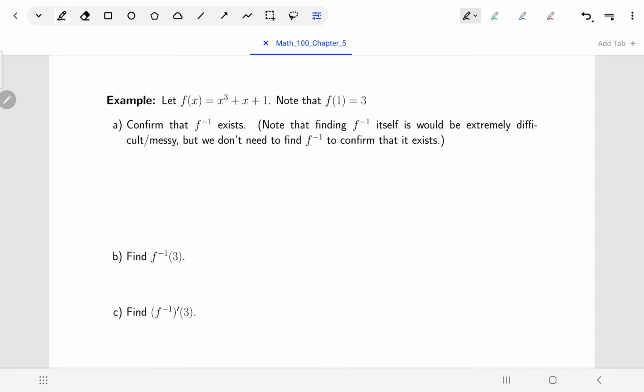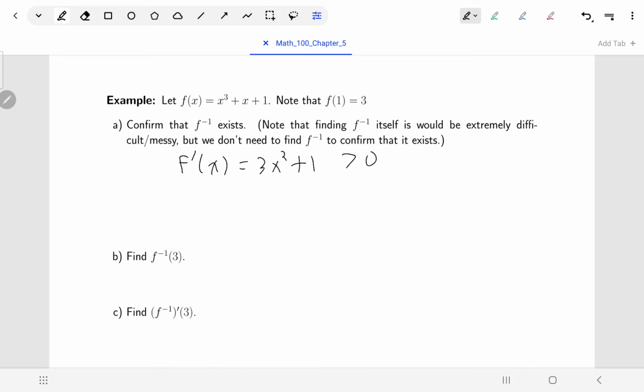and the reason I know it's invertible is because it's one-to-one, and the reason I'm going to know that it's one-to-one is because it's strictly monotonic. If I were to look at the derivative for this function, I would see that it's 3x squared plus 1. And for sure, 3x squared is always going to be 0 or larger, and then plus 1 means this whole function is always going to be 1 or larger.